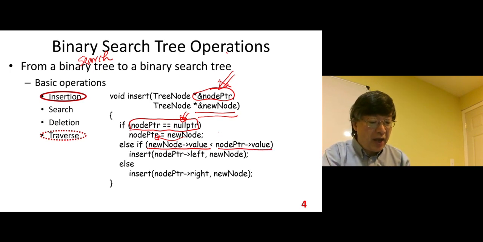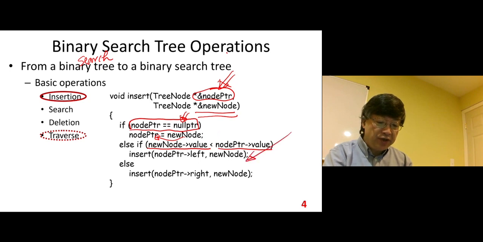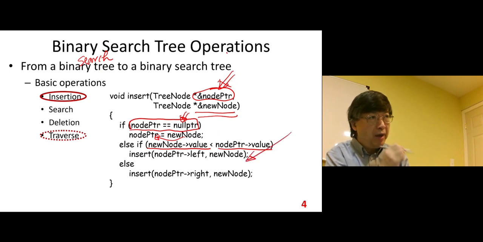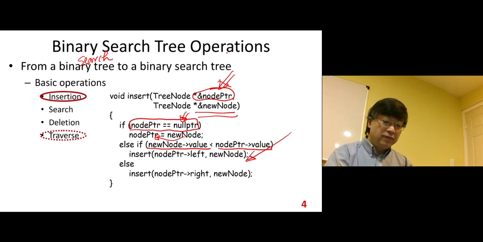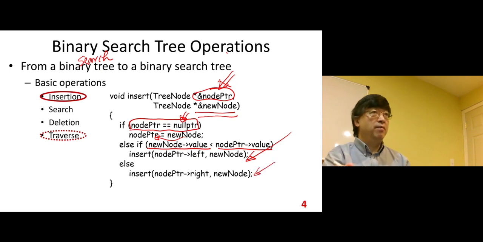If it is less than, you do the insertion into its left subtree. Else, the other way, you go to the right subtree. That simple.